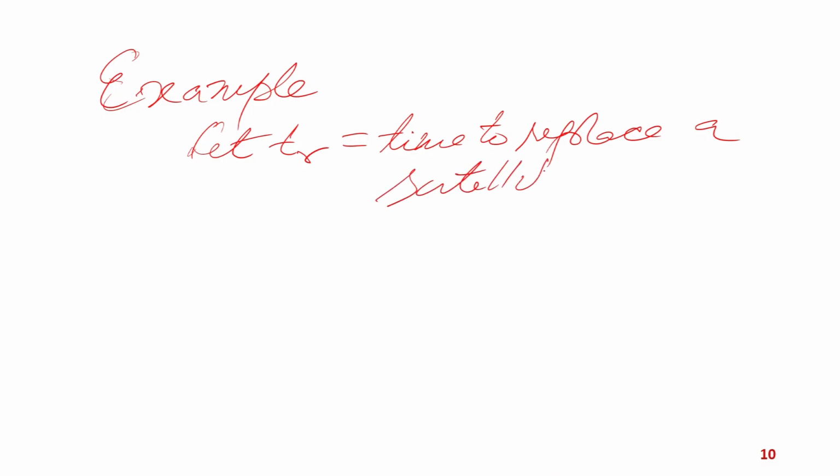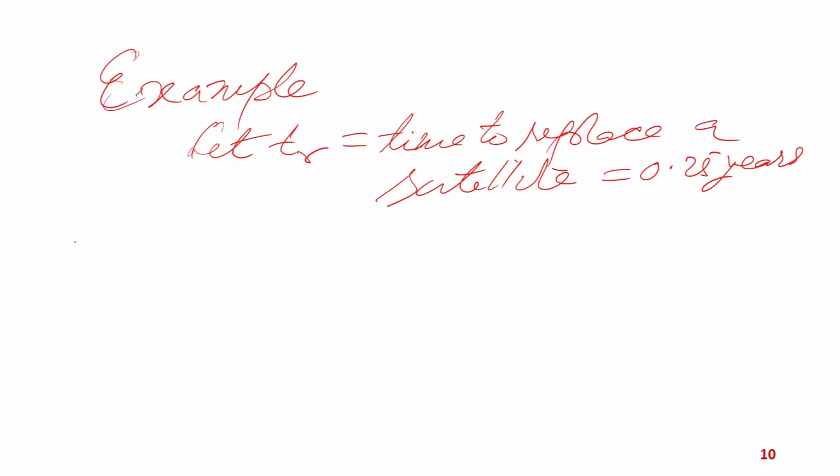We will take one example. Let Tr, the time to replace a satellite, be 0.25 years.